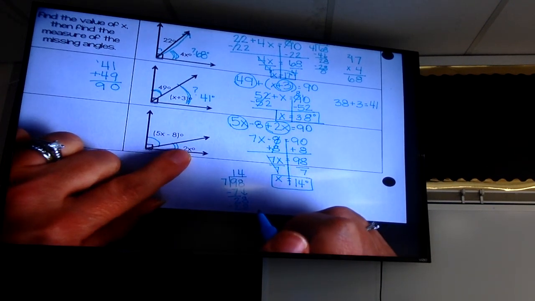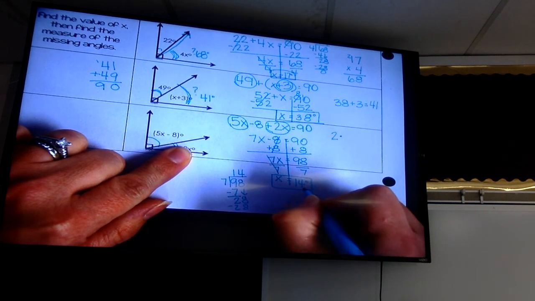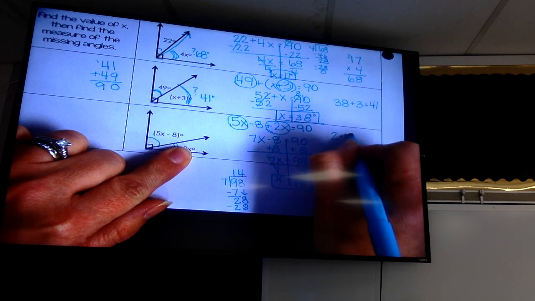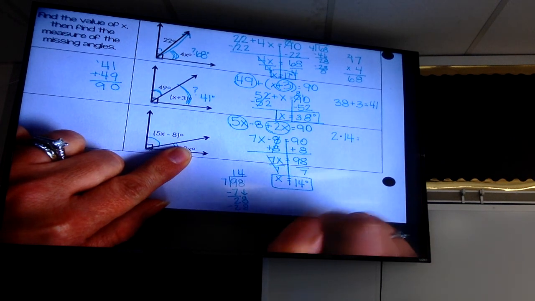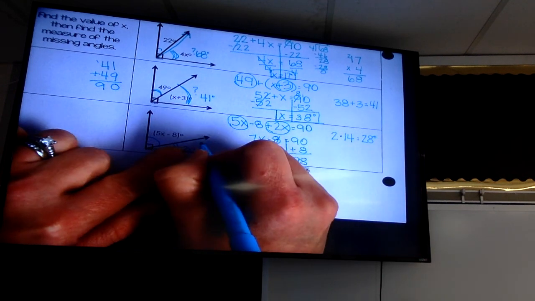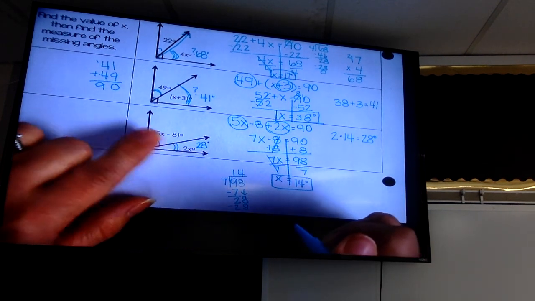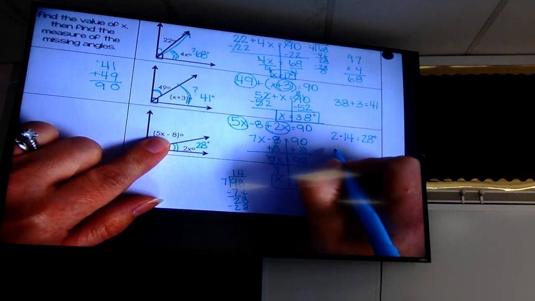Let's start with the easy one, 2x. So I know 2x would just be 2 times, we now said x is 14. So 2 times 14, or doubling 14, would give us 28 degrees. So I know this is 28 degrees. Okay, now this one is a little more complicated.